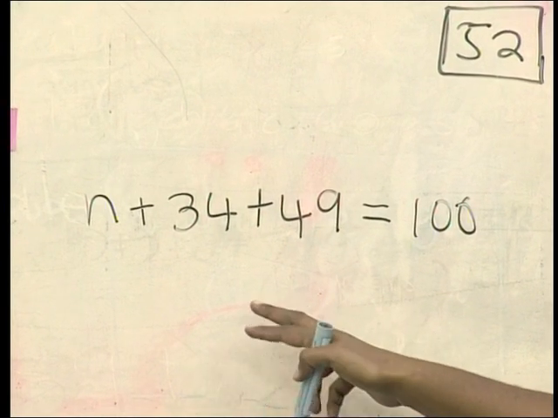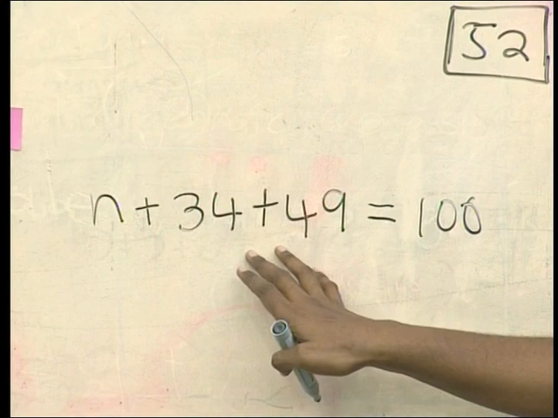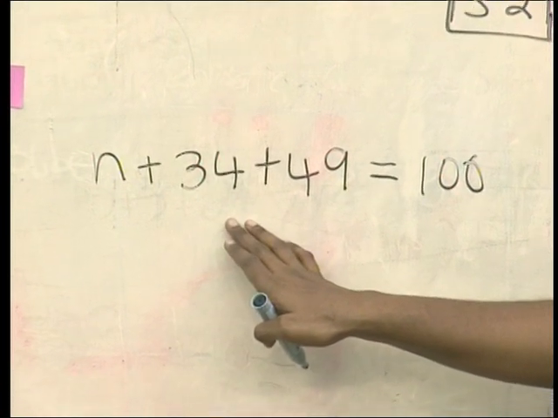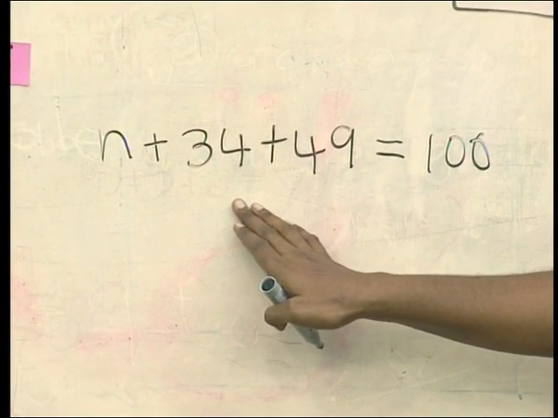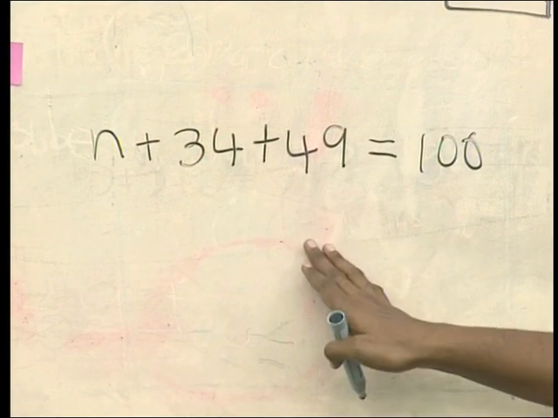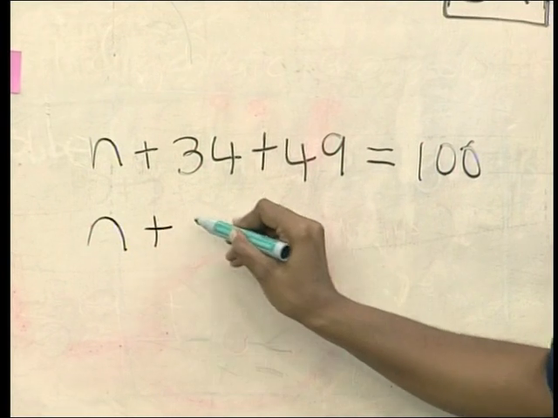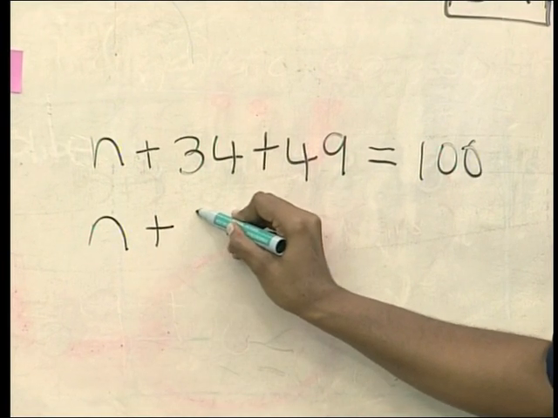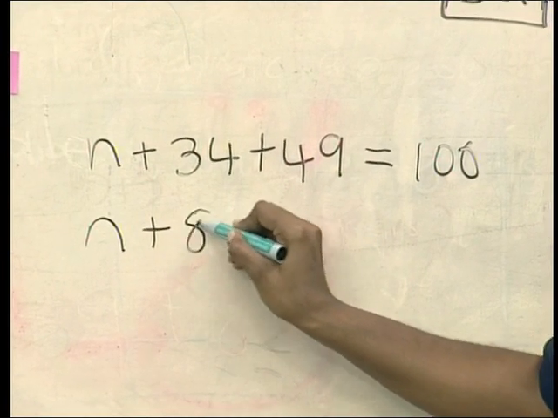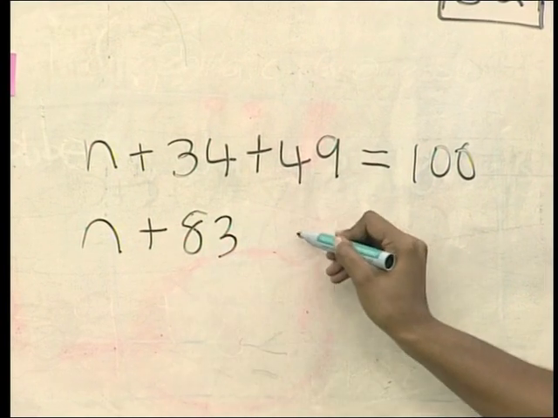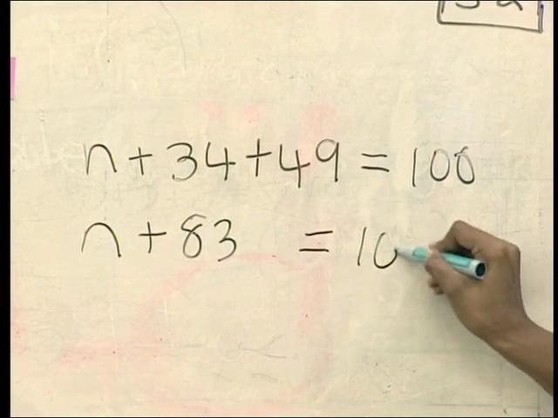You're going to add the two numbers first, which are 34 and 49. So you can say N plus 83. Okay, N plus 83 is equal to 100.